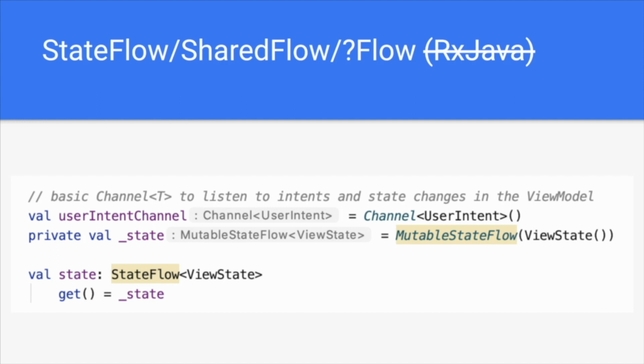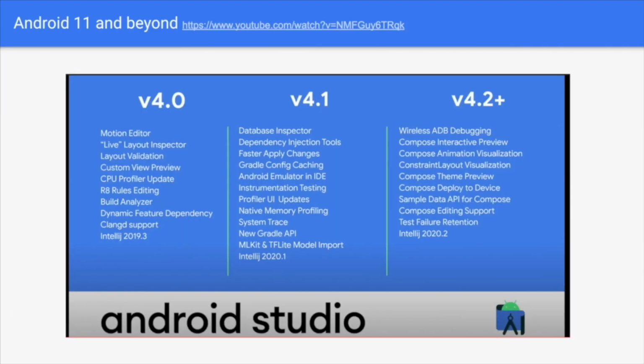And if I look forward, I'm just wondering, I have my StateFlow, my SharedFlow, and what other flows are the Kotlin team going to work on? And how is this going to enable my code going forward to be simpler, and I can reason about things a lot better? That coupled with what the Android team is doing.